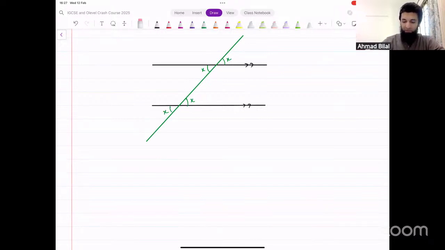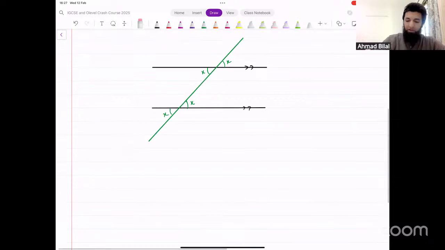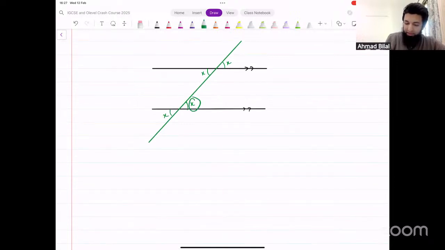So I just wanted to give you a quick review of that. Hopefully you have some idea about this already. And then this angle x and this angle x, these are also called corresponding angles. These are all x. Okay, so in parallel lines, these angles are all equal. And then the other angle that you've got here, let's say this is y, then x plus y, their sum is always 180.